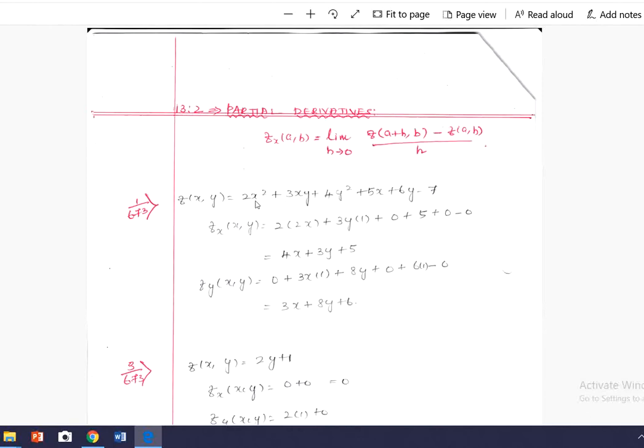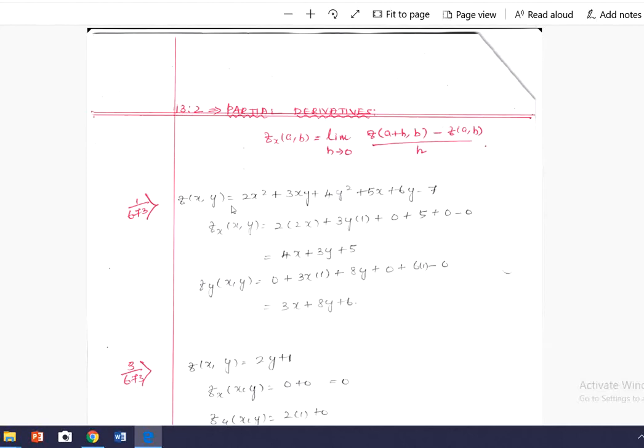In the same equation we have x terms and also y terms. So first differentiate for x by keeping y as constant, and second differentiate for y by keeping x as constant. It's quite easy. Let's try to solve the first one.